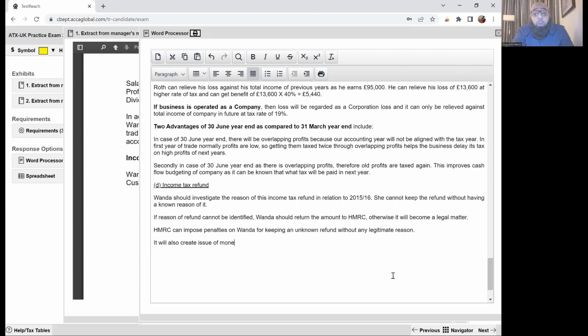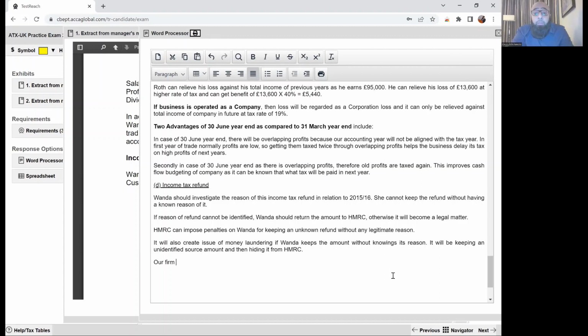It will also create an issue of money laundering if Vanda keeps the amount without knowing its reason. It will be keeping an unidentified source amount and then hiding it from HMRC.